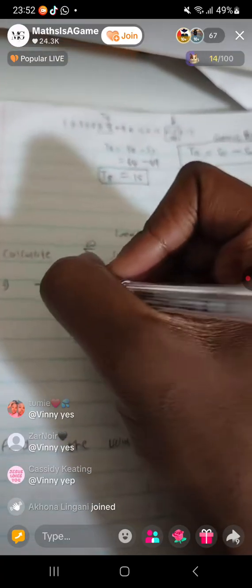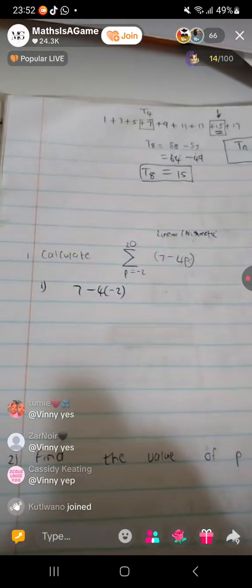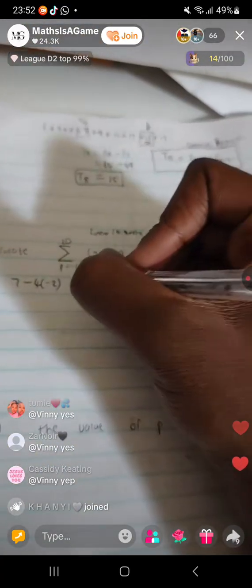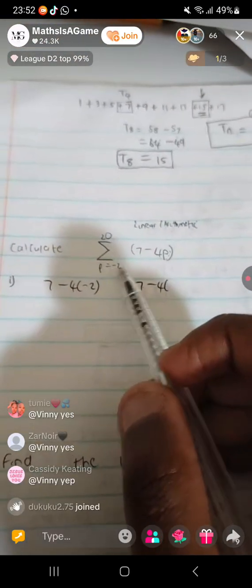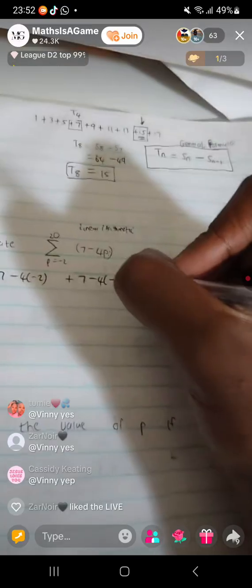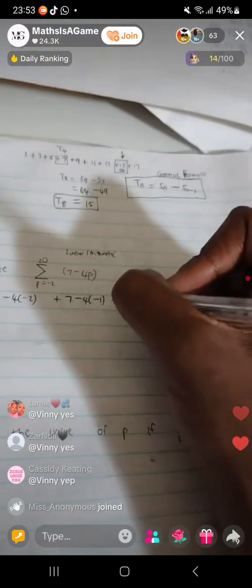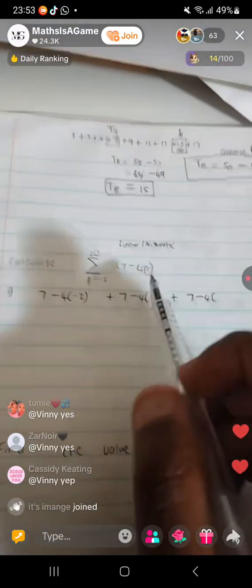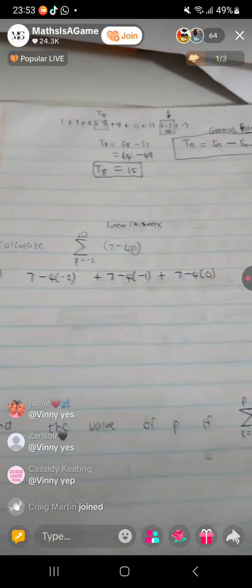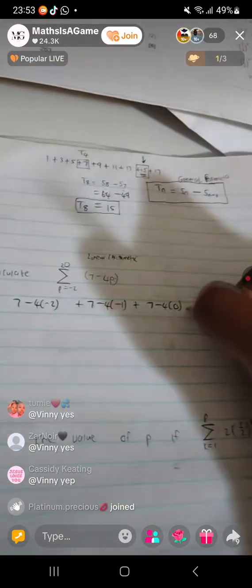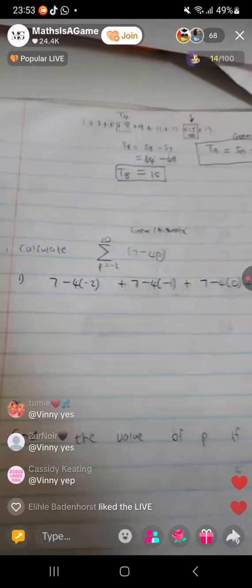7 minus 4 into -2, plus 7 minus 4 into -1, the consecutive value after -2, plus 7 minus 4 into 0, the consecutive value after -1. We at least need the first 3 terms.